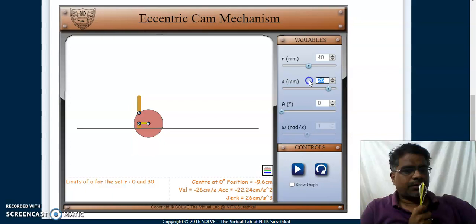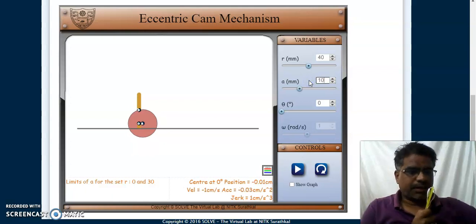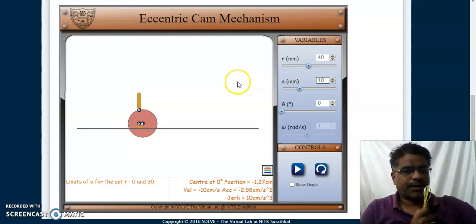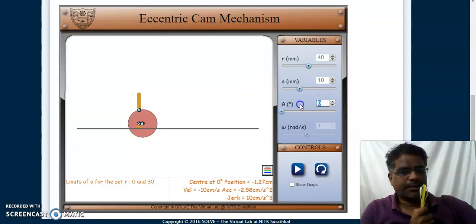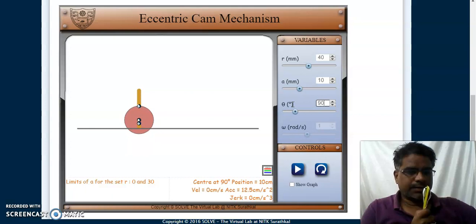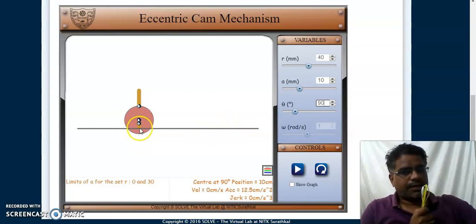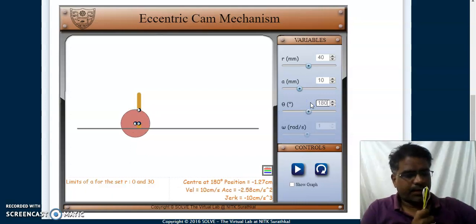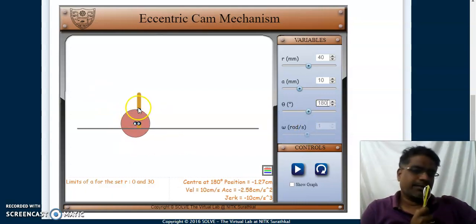Now without going to extreme values, first I will take only an eccentricity of 10 in the initial position. Now let us see at 90 degrees what will happen. You can see that the point has come in the downward direction. Similarly, for 180 degrees you can see that the cam is on the other side.